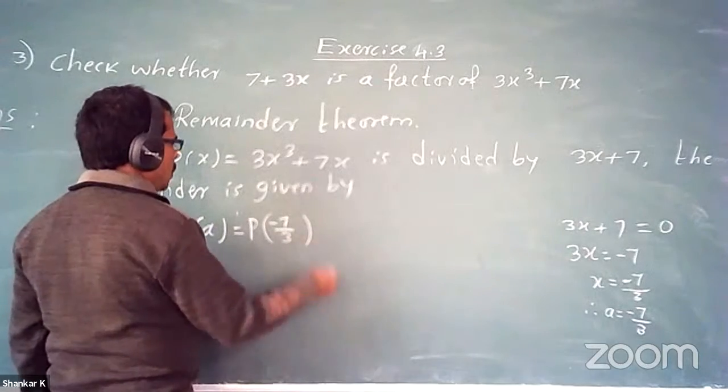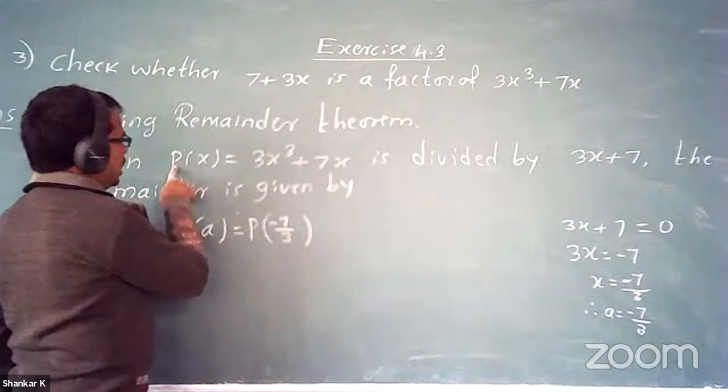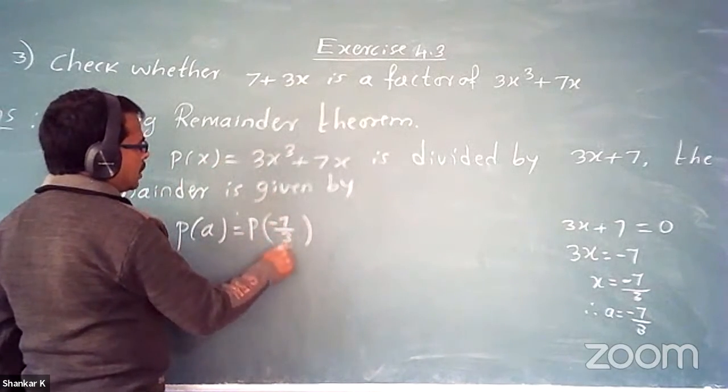So this is equal to P of A, P of minus 7 by 3.